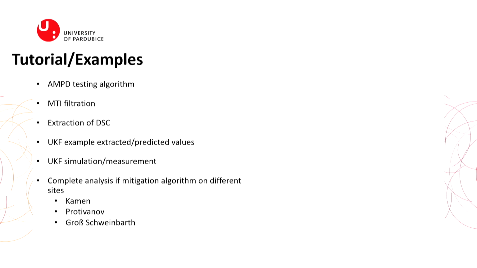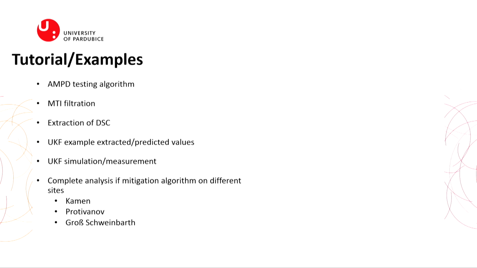First, I will show you on some test data. It means it will be just a few harmonic signals, some Gaussian signals, and so on. And then we will apply the AMPD algorithm to the spectrum.